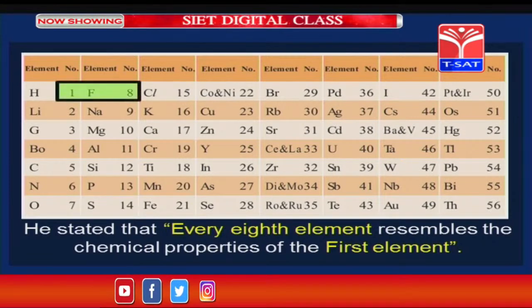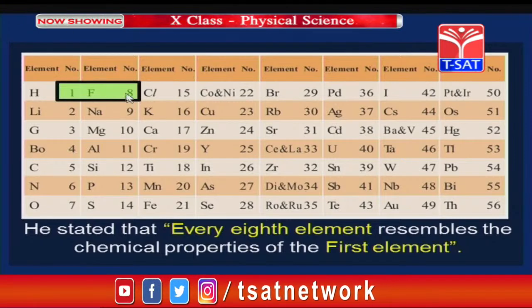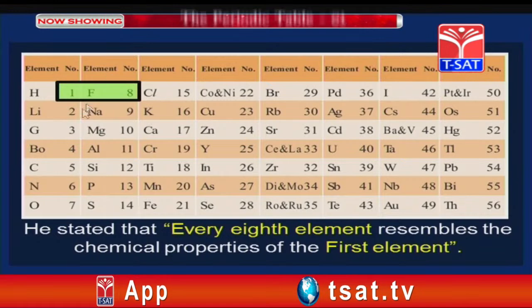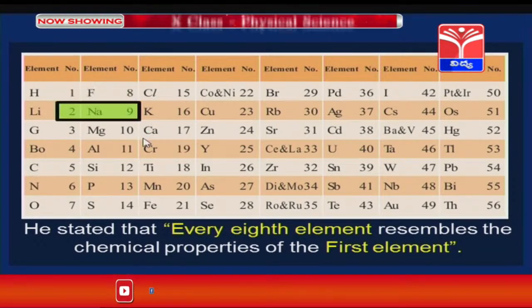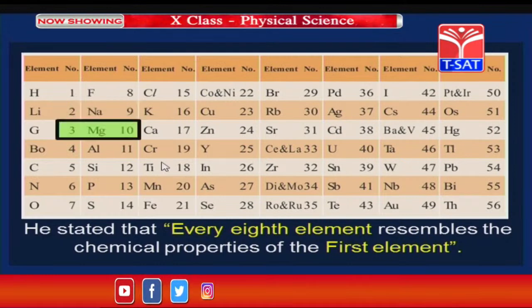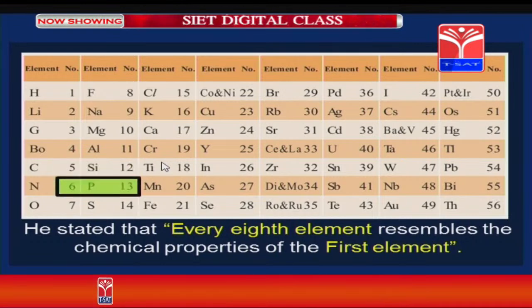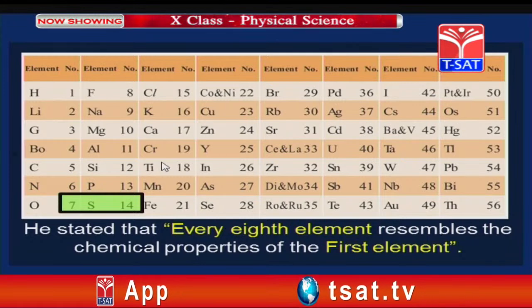You see, hydrogen is having the same properties as fluorine. Next, it is having the same properties as chlorine, like that it is resembling. Next group, we are having the same properties for lithium and sodium, and next, the same properties for carbon and silicon, nitrogen and phosphorus, and oxygen and sulfur.